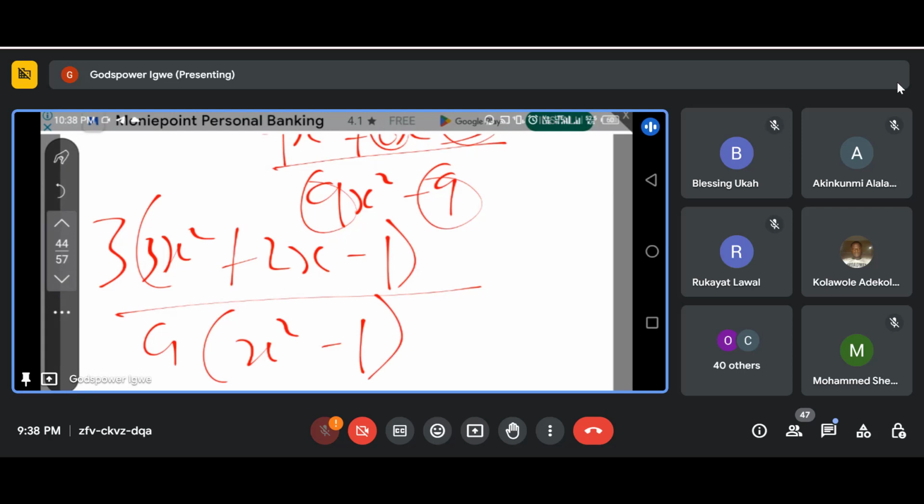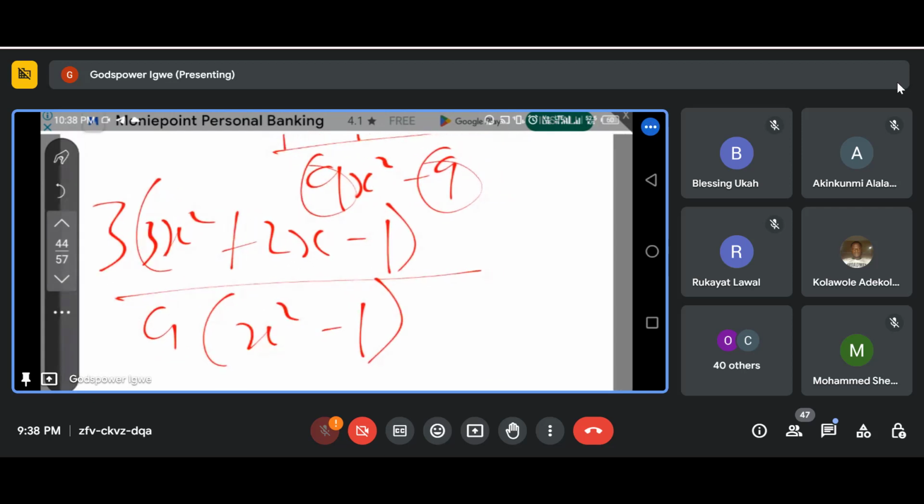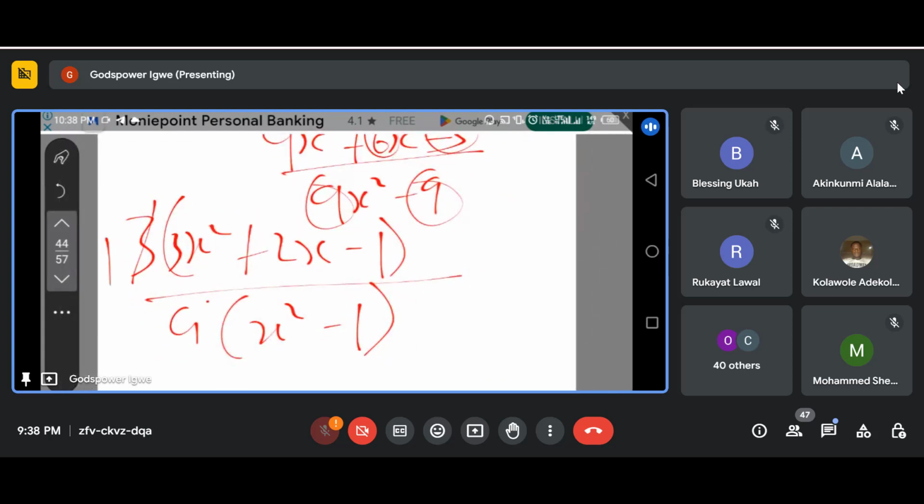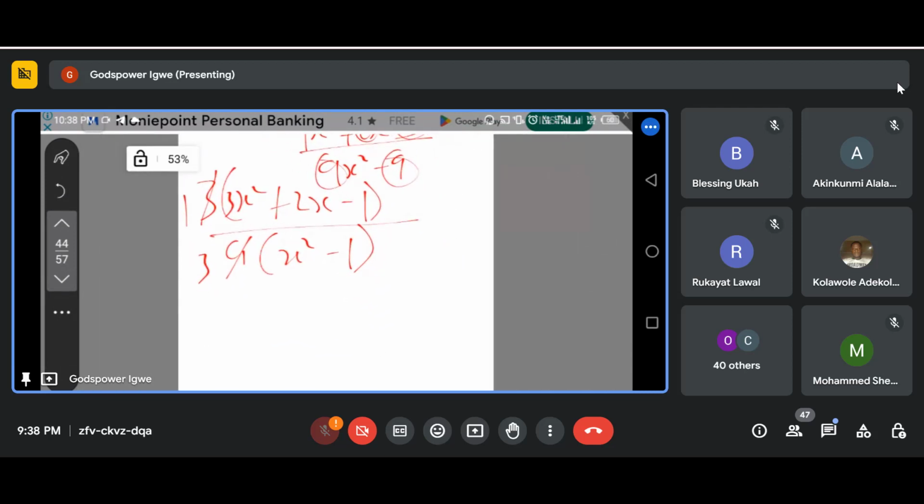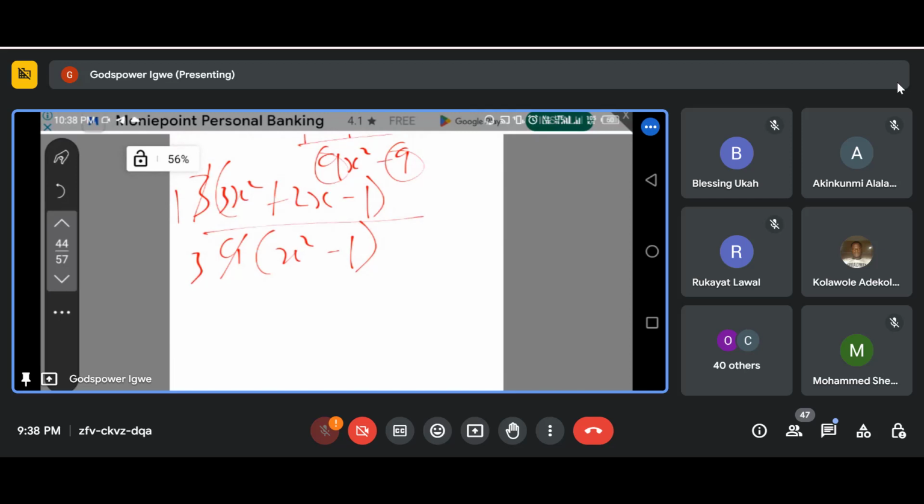So if you check this very well, you see that this 3 here can be 1, this 3 here can be 3. So we come back here and write 3x squared plus 2x minus 1 all over 3 brackets x squared minus 1.